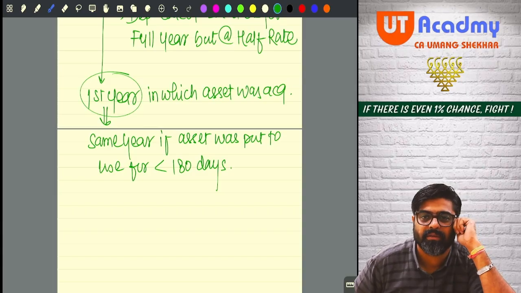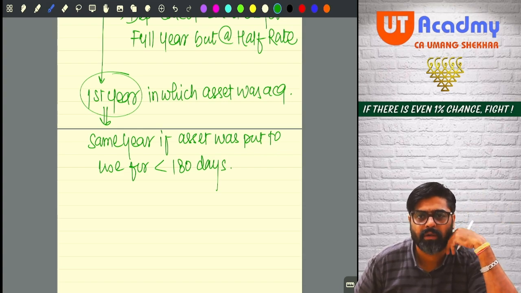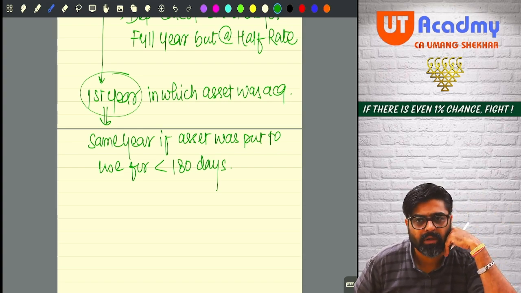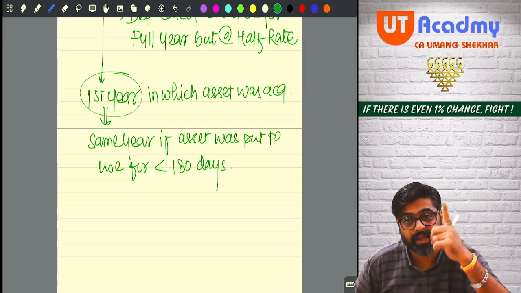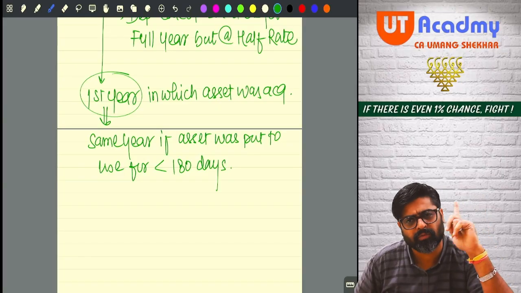Hello, sir. But what if in that first year, the asset was put to use for a period of 180 days or more? Then full year depreciation at full rate. Got it, sir? Understood? All the other cases, except this case, full year, full rate.